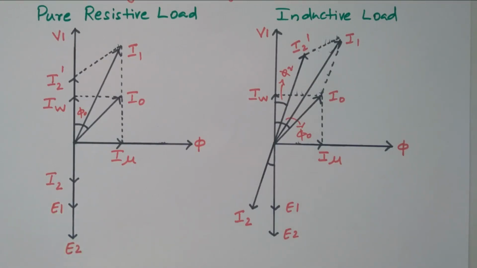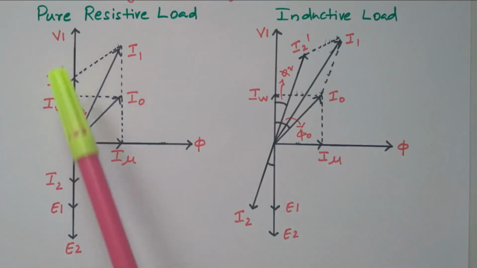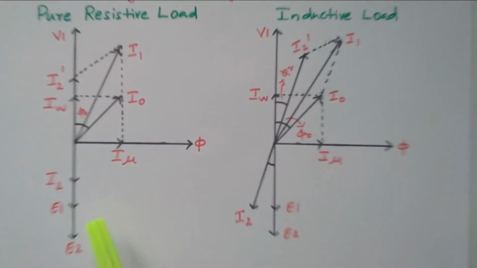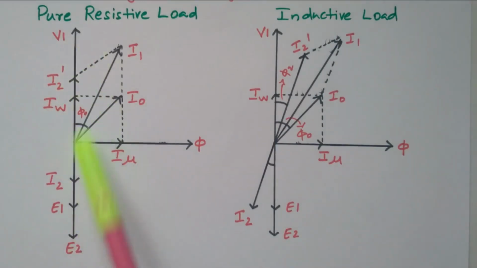Based on Lenz's law, the EMF induced opposes the cause producing it, that is, it opposes the flux. This is the applied voltage, this is the induced EMF. Based on Lenz's law, both are opposite to each other, so E1 and E2 are 180 degrees out of phase.